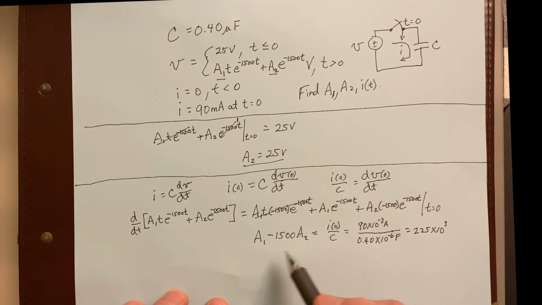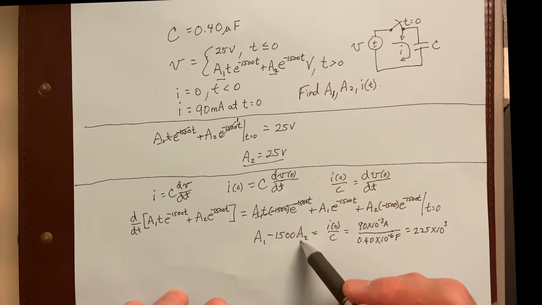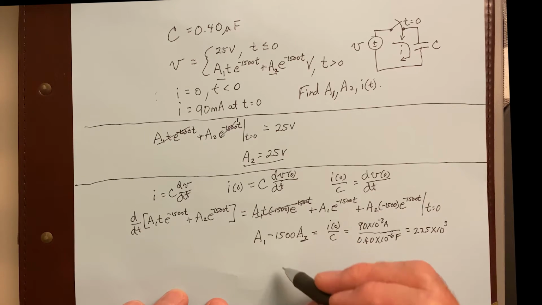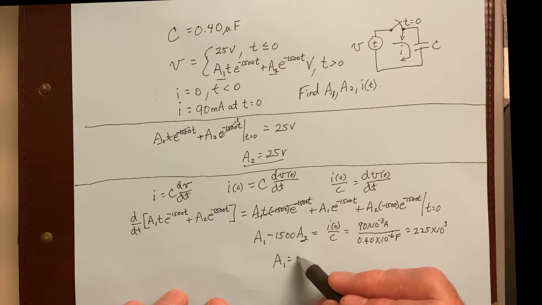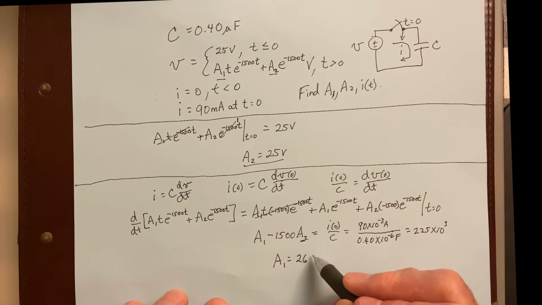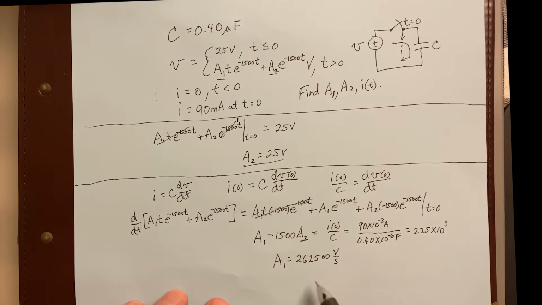And A2 is 25, so you take the 25 volts, plug it in right there, and solve for A1, and you end up with A1 equals 262,500. And the units are going to be volts per second for A1.